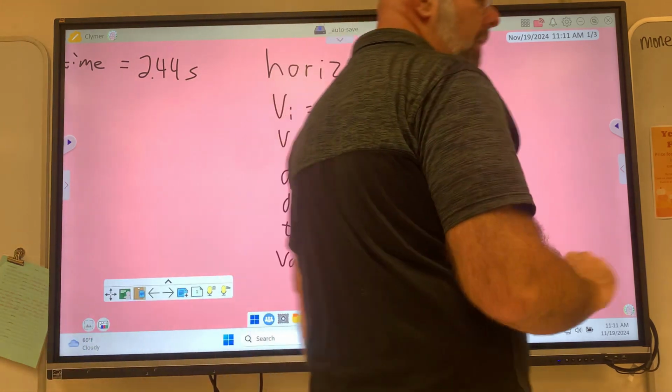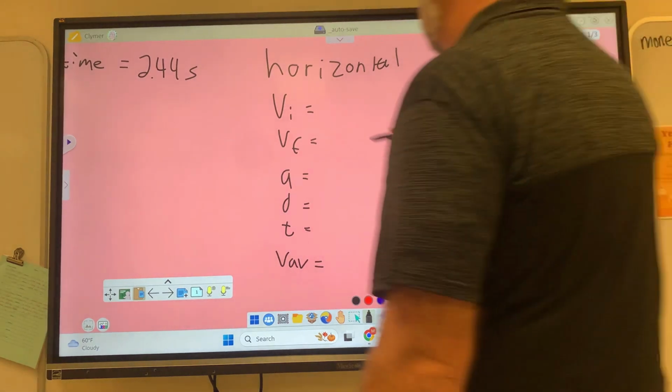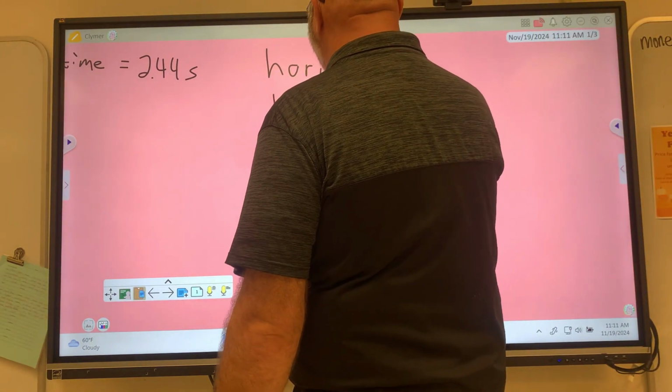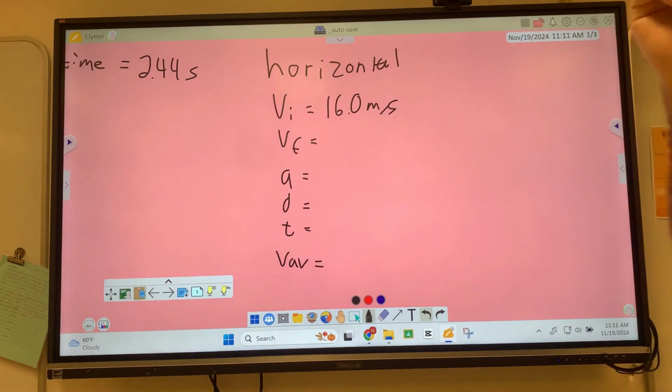Let's start filling in some blanks here. What's our initial velocity in the horizontal direction? 16.0 meters per second. How did we find that? The question didn't give us that. There's no 16 in the question. Where did the 16 come from?